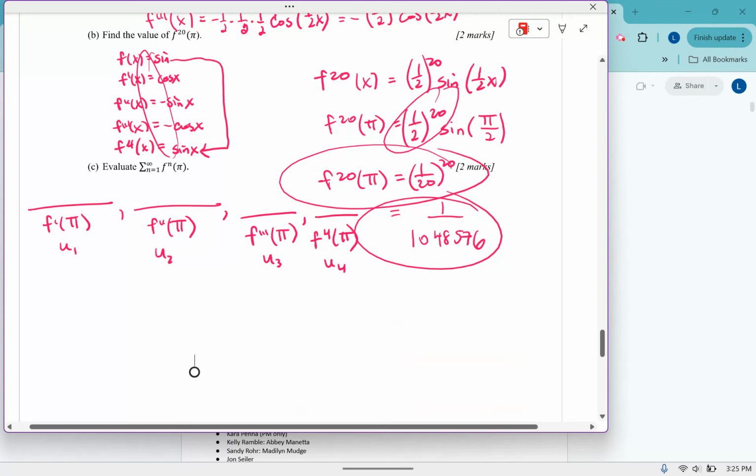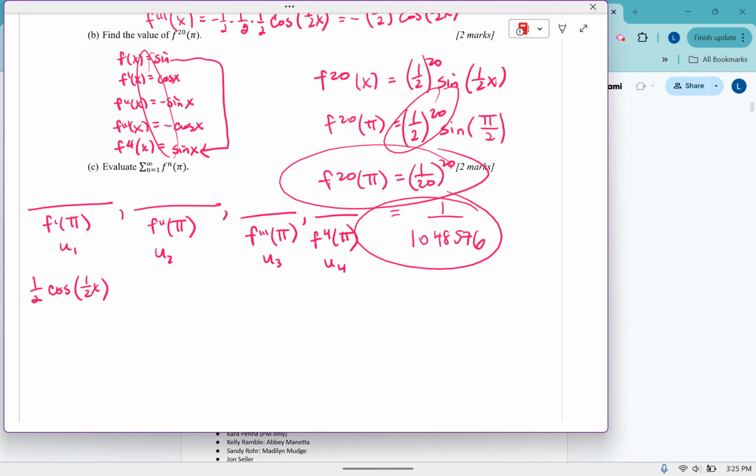Okay. So you would be like, okay, so f prime is cosine. And then there was a 1/2 out front, right? So now you're just putting in the pi. This guy's going to be 0. Yes, that's what I got.